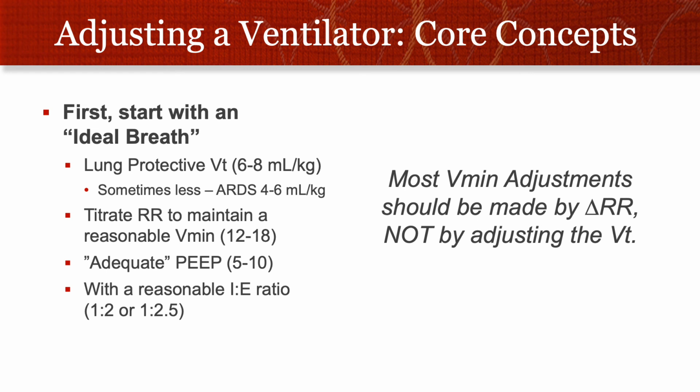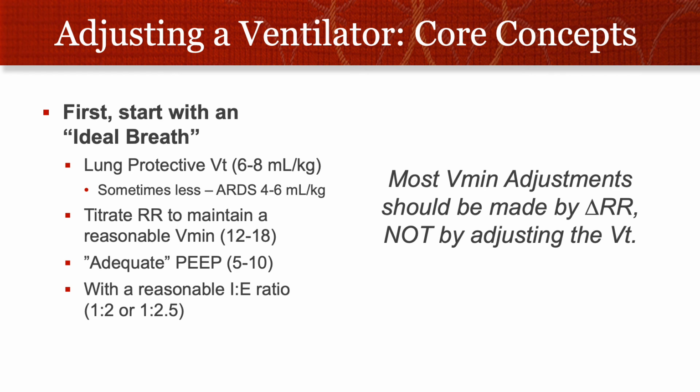Then I look at the inspiratory and expiratory times and I make sure that I don't have an inspiratory pause and that I am not with a really short inspiratory time and compromising the amount of pressure to get that breath in.